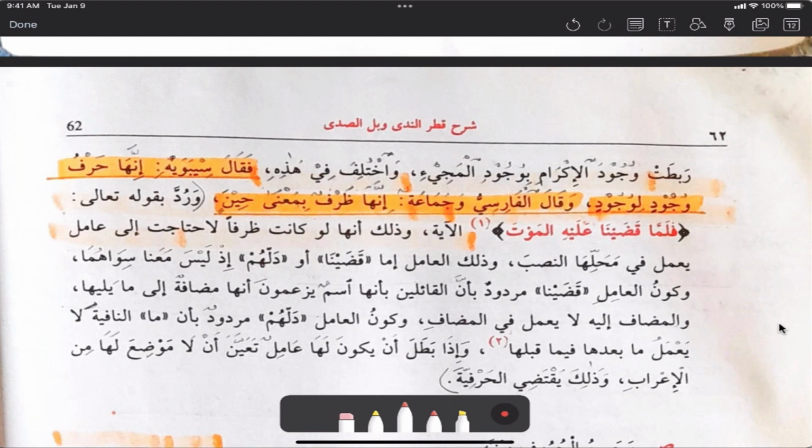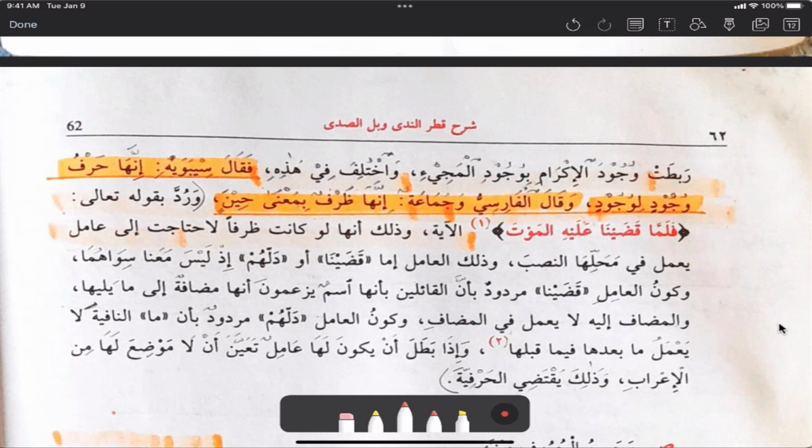the approach, the arrival. واختلف في هذه. There's a difference of opinion about this one. فقال سيبويه, Imam Sibawayh said, إنها حرف وجود لوجود. Indeed, it is a particle that indicates the existence of something due to the existence of something else. وقال الفارسي وجماعة, and Al-Farisi and a group of scholars said, إنها ظرف بمعنى حين.